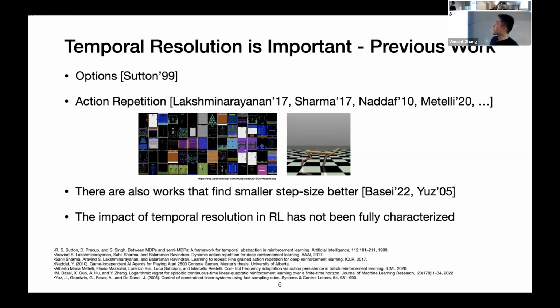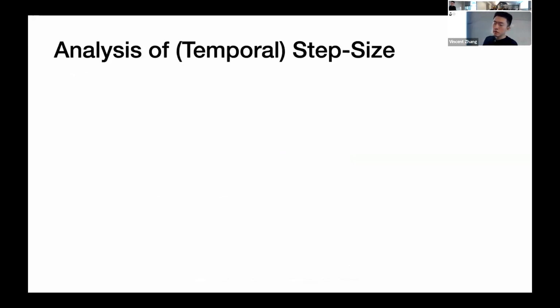So the important thing here is that we don't really understand the impact of temporal resolution in RL. We see empirical evidence, right? And some values are better than others, but theoretically, we don't know what the landscape is. And so we want to analyze it. And how do we do it?